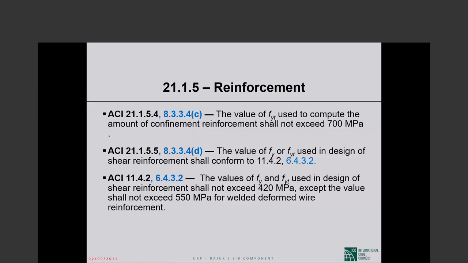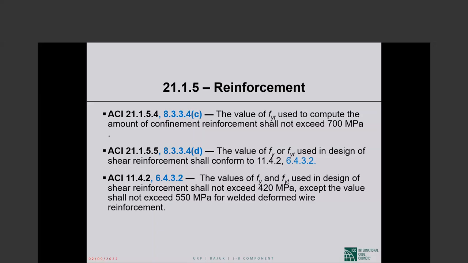Anyway, you have to fully understand what is being said. When you are designing transverse reinforcement to confine the concrete, your strength limit is 100 ksi. And this is very, very important, as I'll explain next.